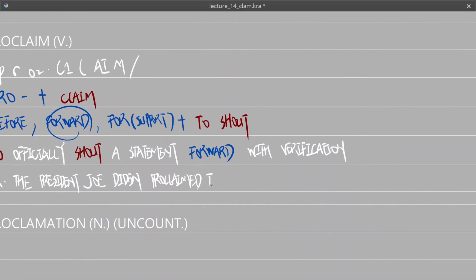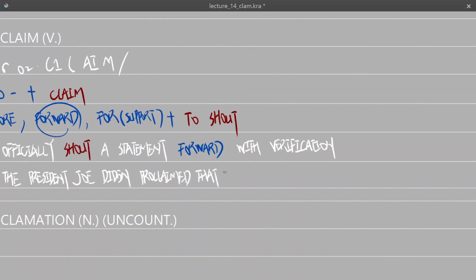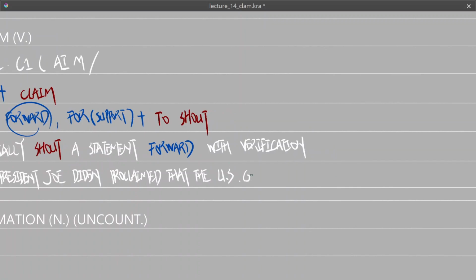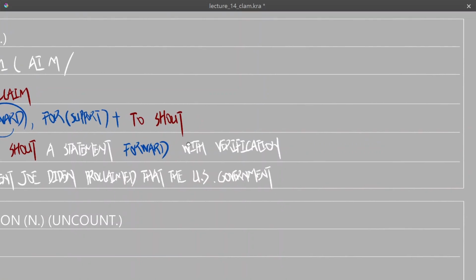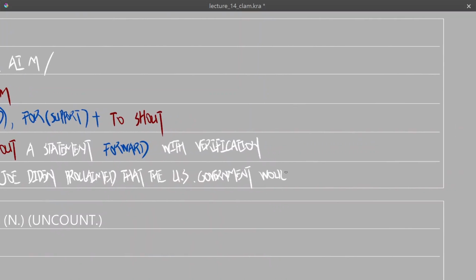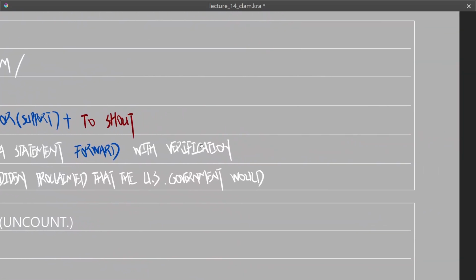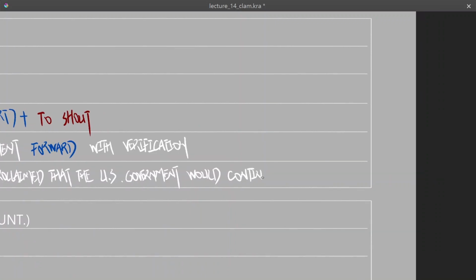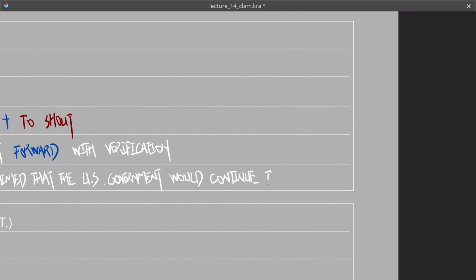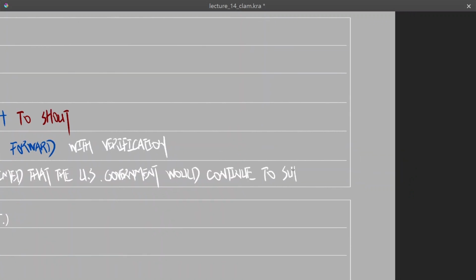Proclaimed that the U.S. government would continue to support Ukraine.